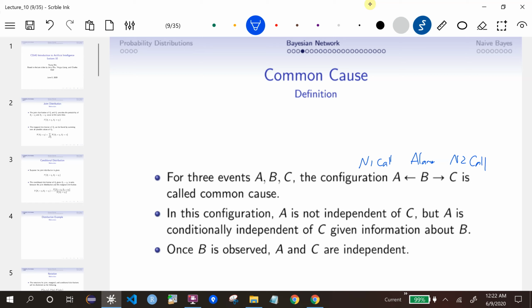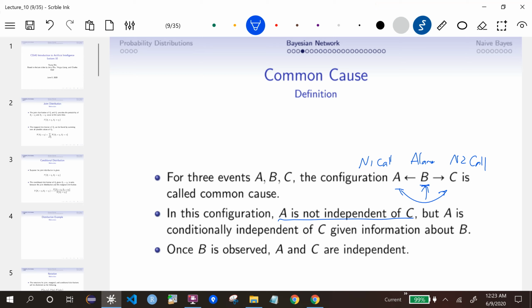If we don't know whether there is an alarm, then these two are related. So A again is not independent of C. If there's an alarm, both of them may call you at the same time. So they are somehow related. If one person calls you, it's more likely that the other person will also call you.